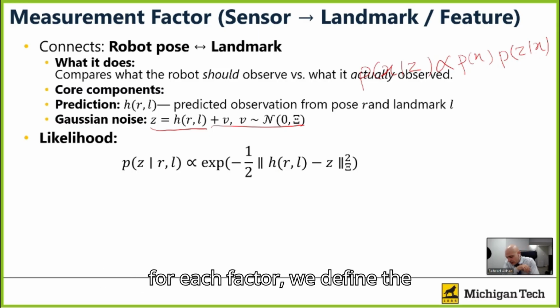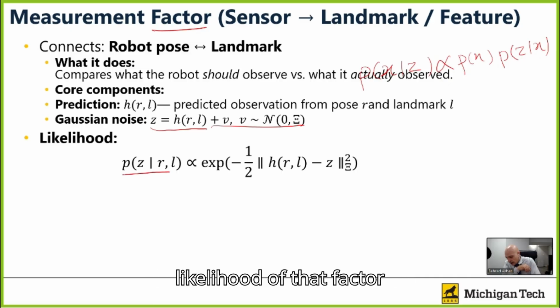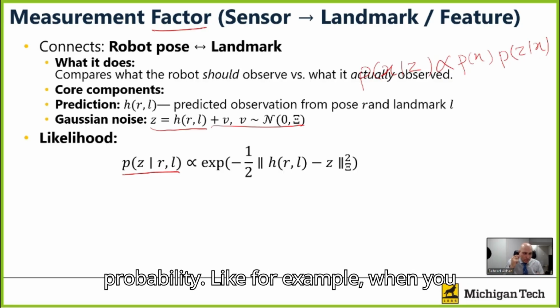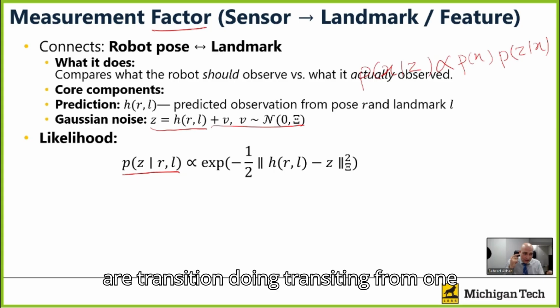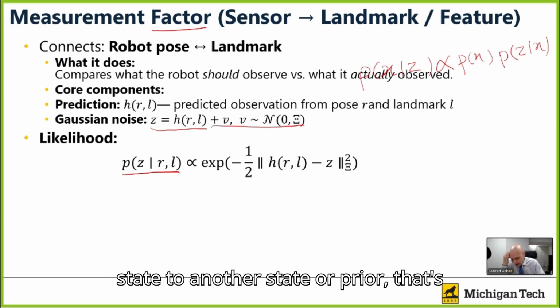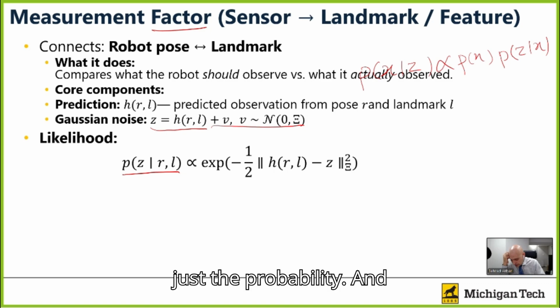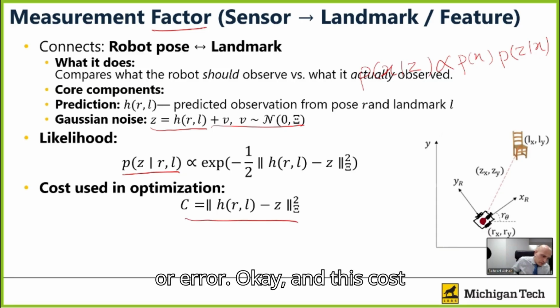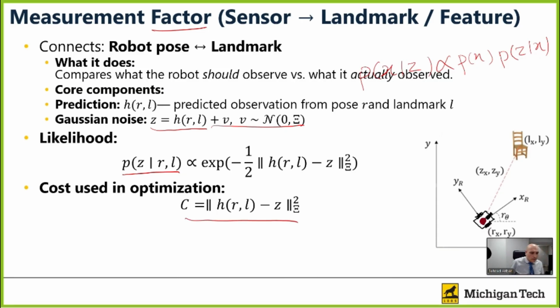So for each factor, we define the likelihood of that factor or the probability of that factor. It's not always likelihood, sometimes probability. For example, when you are transitioning from one state to another state, or a prior, that's just a probability. And then find the cost or error. This cost in exponential family factors is actually the exponent part. Why?